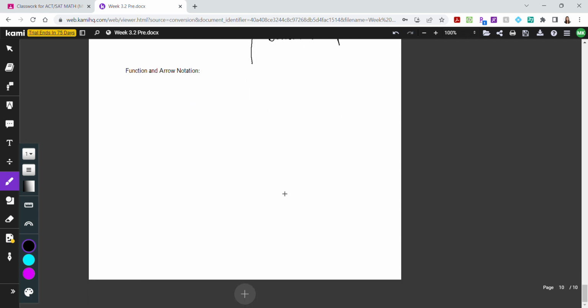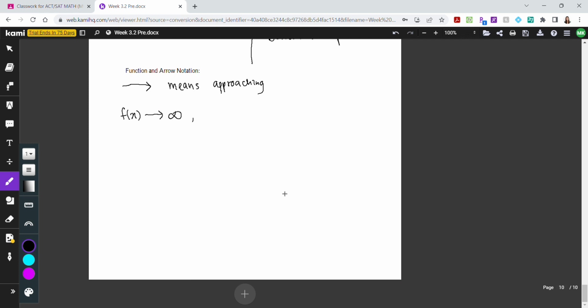All right, so function and arrow notation. So what an arrow notation is this. It's just an arrow, right? You've probably seen this in your inequalities. You'll see it in a second in your homework and lesson and quiz and further on in the chapters, right? This arrow. And what this arrow means is that it's approaching something, right? So for example, f(x), which is function, is approaching infinity, right?